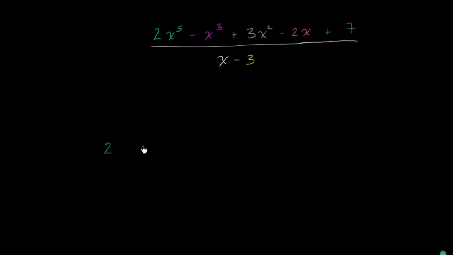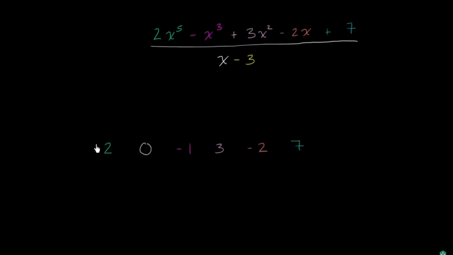So I'll put a 0 as the coefficient for the x to the 4th term. And then I have a negative 1 times x to the 3rd. And then I have a positive 3 times x squared, negative 2 times x, and then I have a constant term or 0 degree term of 7. I just have a positive 7.